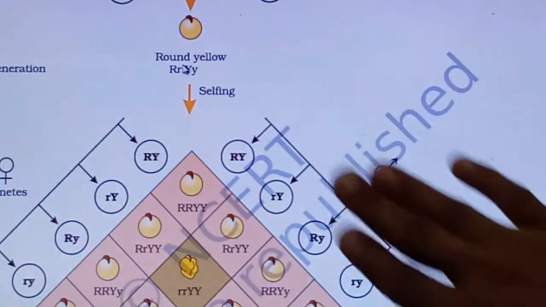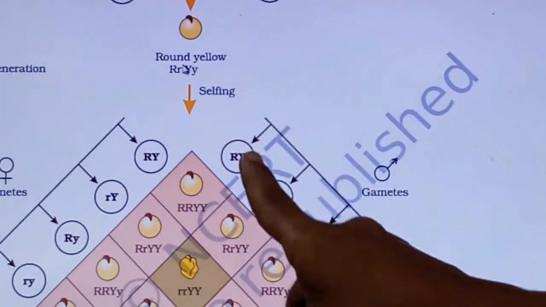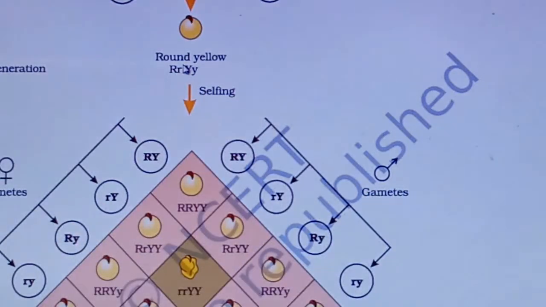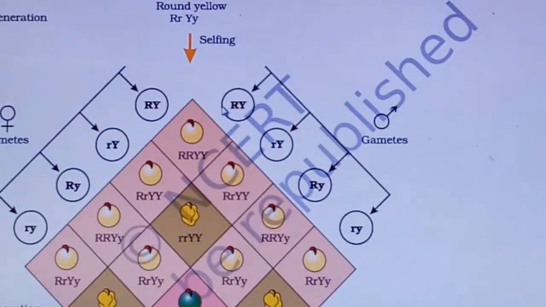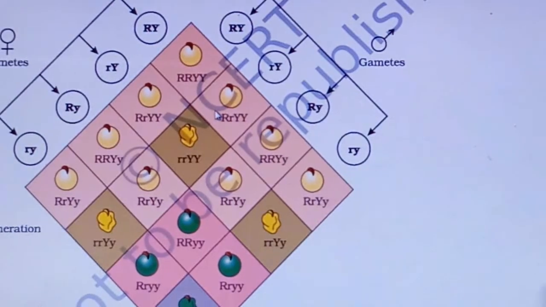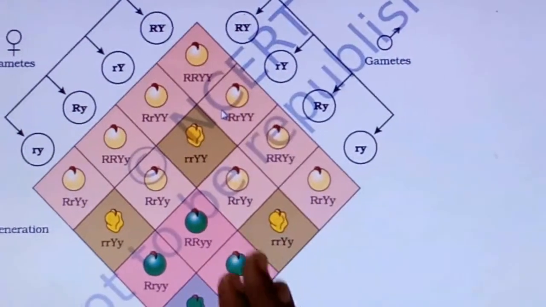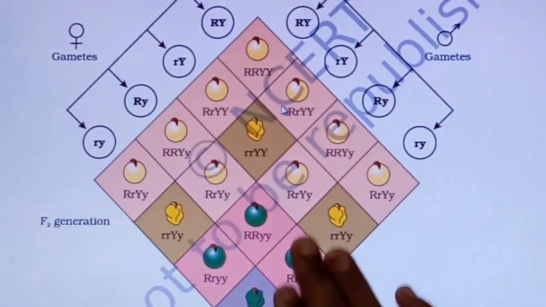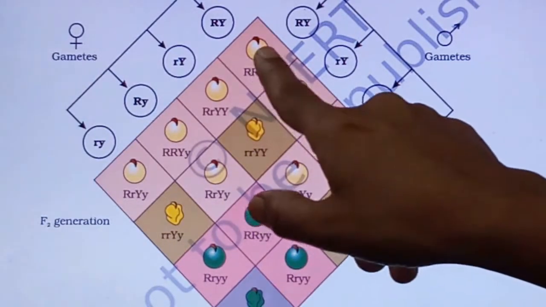The same applies to the second parent's gametes, and keep the gamete sequence the same on both sides. If you keep this sequence the same, then you will get the offspring in a particular pattern. In that, we have seen that 9 offspring will show the dominant parental characters, that is round and yellow.